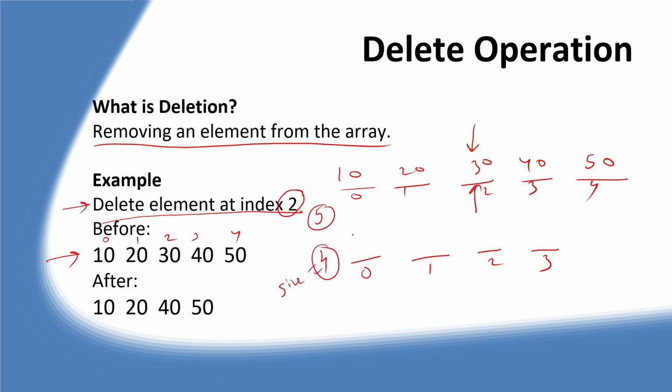Before this index, we will not touch anything. It will be as it is. Then whatever values are present after this index, we will shift these values to the left position.